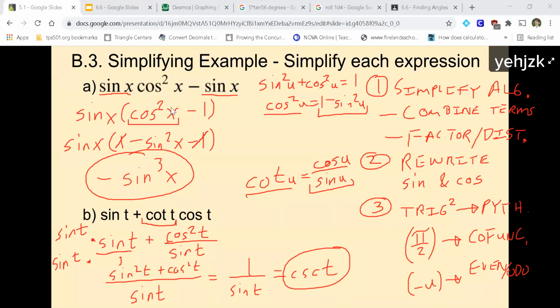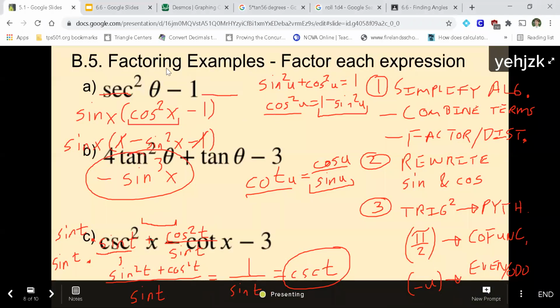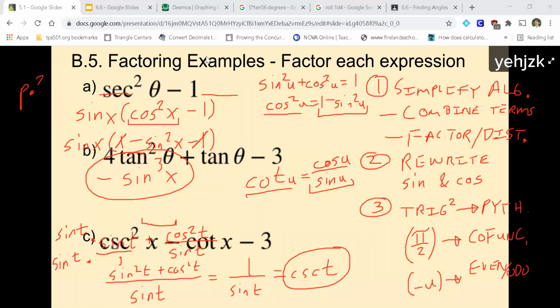All right, I think we'll skip the guided practice. If you need more practice, you can try this one. There's the answer to it in the notes. There are some more factoring examples that I didn't get a chance to go over that I think would be useful for the homework. So you can read about how to do those problems on page 354 of the textbook.